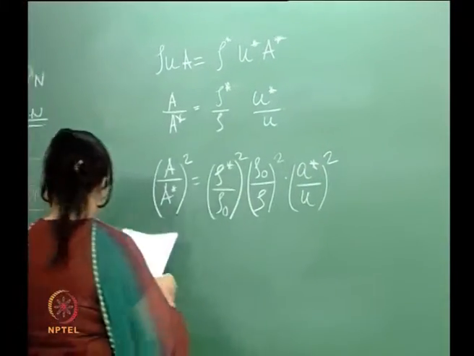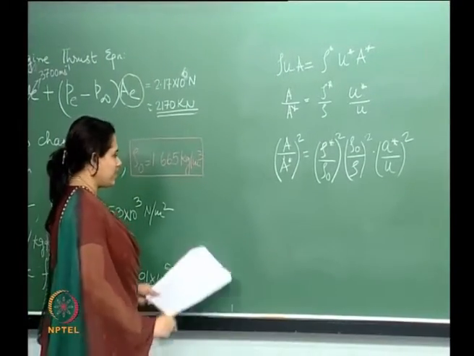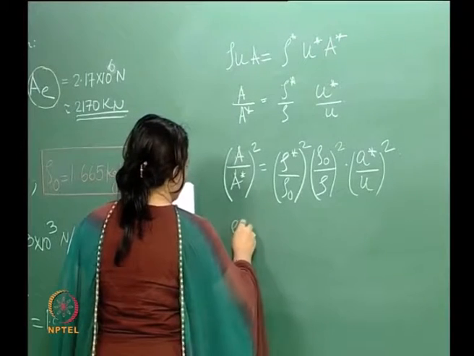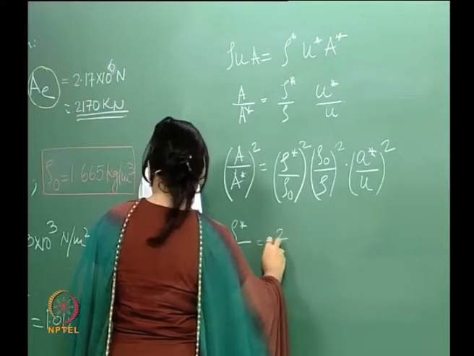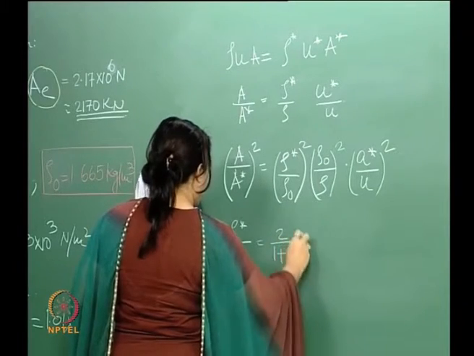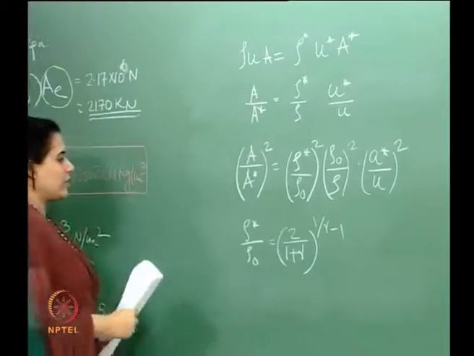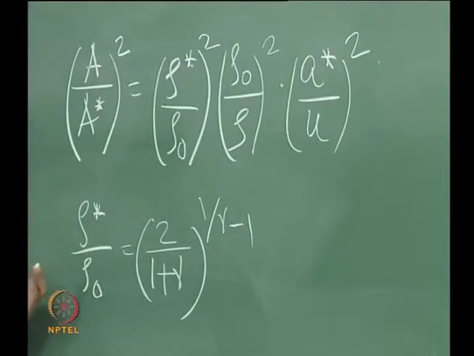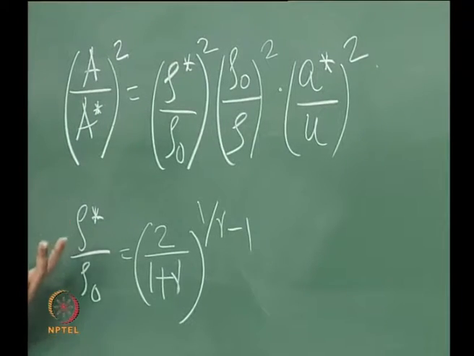okay, square. If I'm able to write it like this, now if you remember, this rho star by rho naught is essentially, cross check this. We had just written out the relationships between the densities and the Mach number.